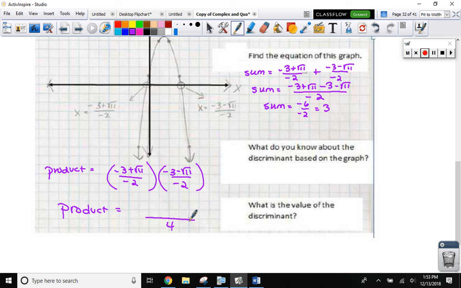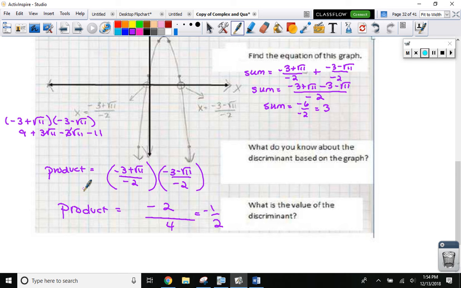And when I multiply the top, I'm really just doing this, right? -3 plus radical 11 times -3 minus radical 11, which we've now done a lot of times. So -3 and -3 is 9. +3 radical 11 minus 3 radical 11 minus 11. Cancel, cancel. 9 minus 11 is just leaving me with -2 on top, which is really just -1/2 for my product. We're okay there?